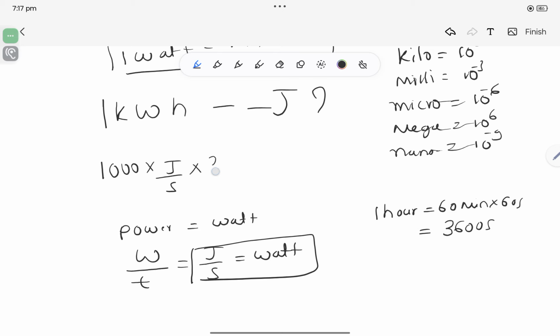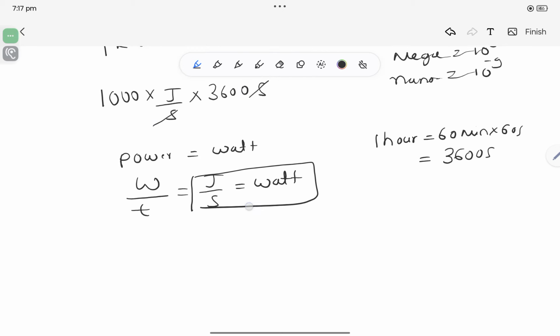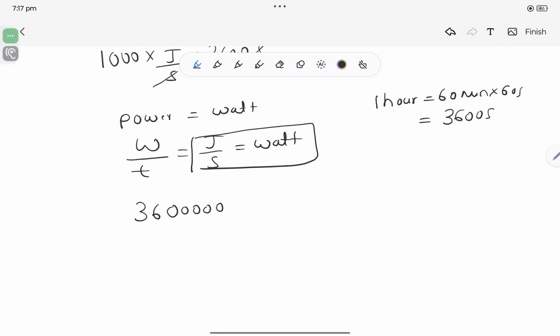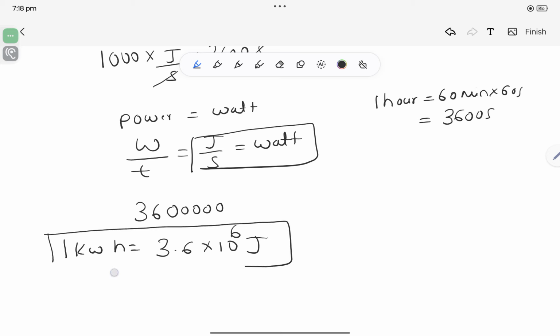Multiplying 1000 by 3600, we get 3600000, which in decimal form is 3.6 into 10 to the power 6 joules. So 1 kilowatt hour is equal to 3.6 into 10 to the power 6 joules. This is important. They will ask for 1 mark.